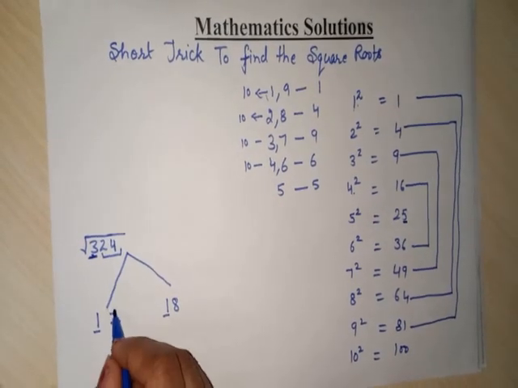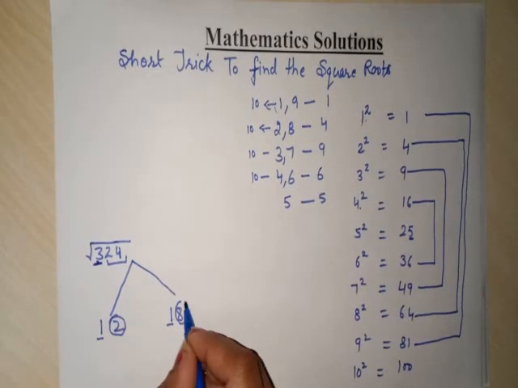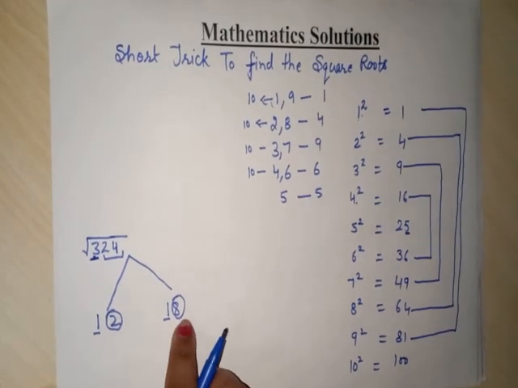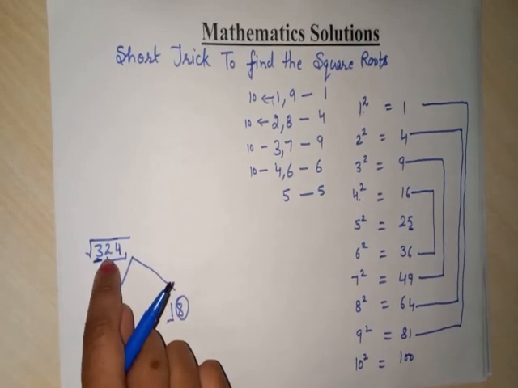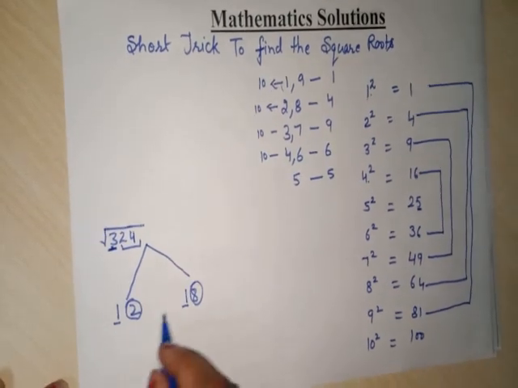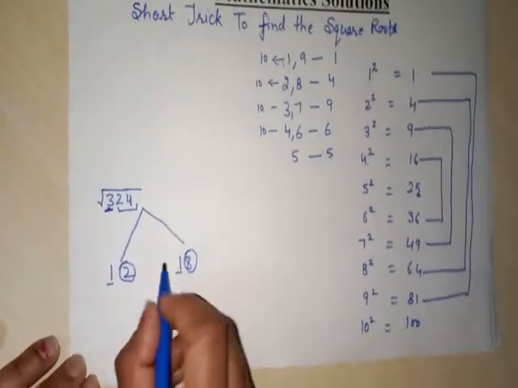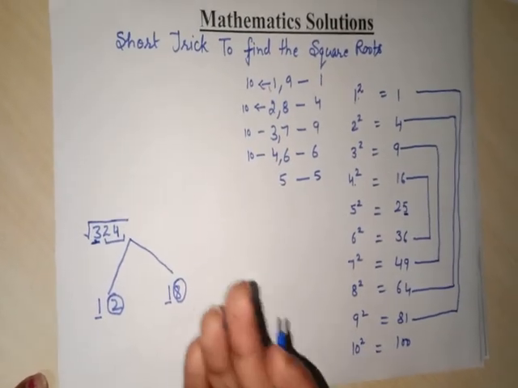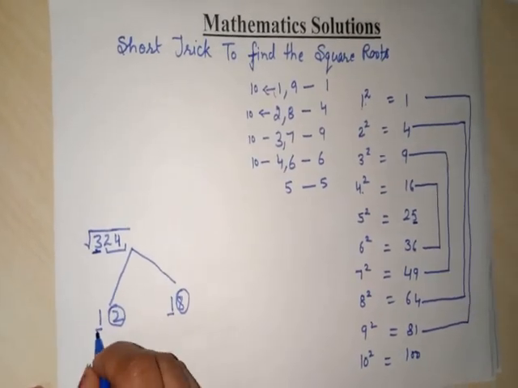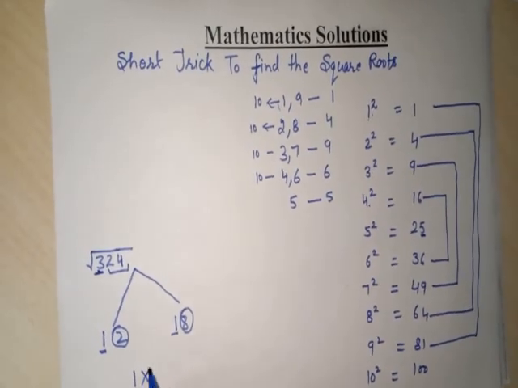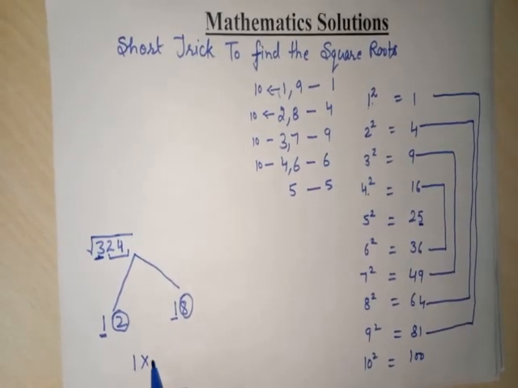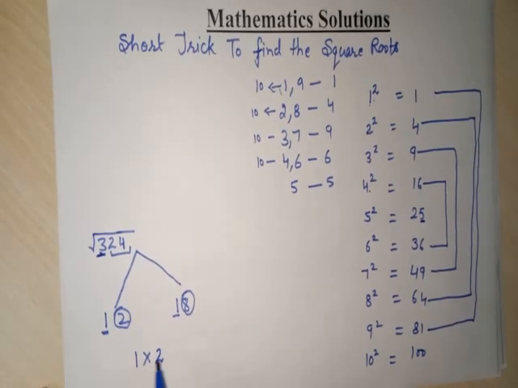Now the question is: out of 2 and 8, which is the correct number at the unit place of the square root of this number? For that, what do you have to do? Multiply this number 1 with its next natural number, which is 2.